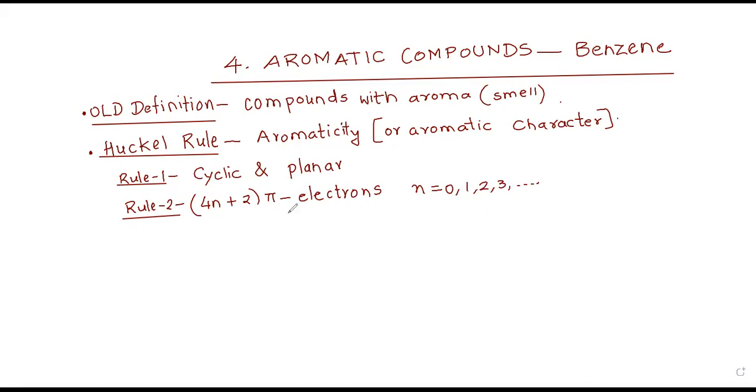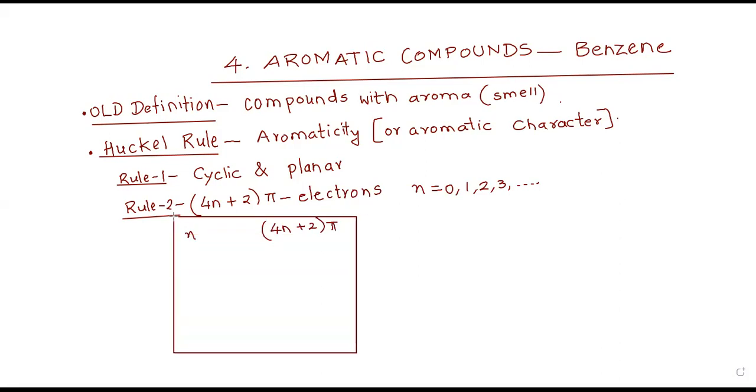So what could be the values possible depending on value of n and 4n plus 2? This table you can remember so that anytime you get a problem, you can check from this. So let us work out different values and then I will solve problems based on this.